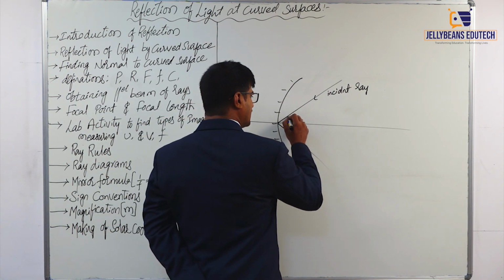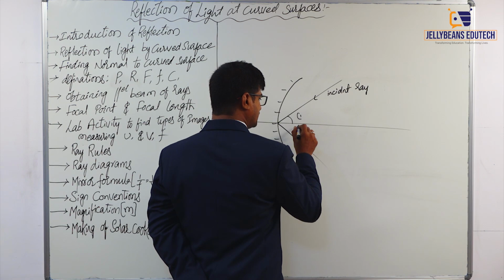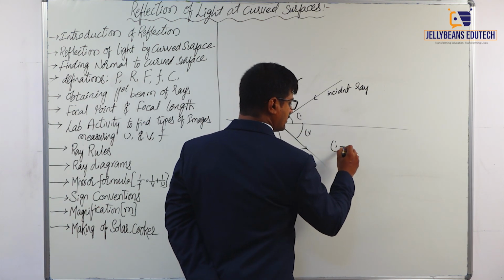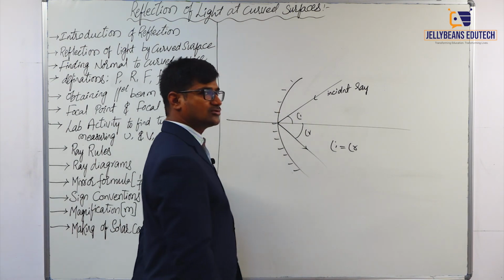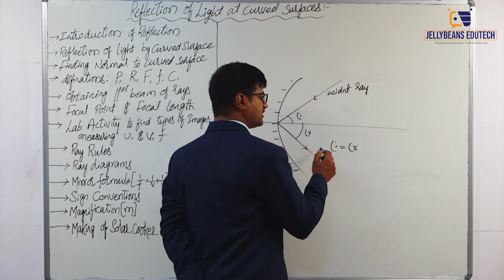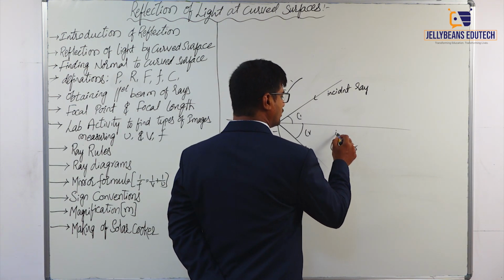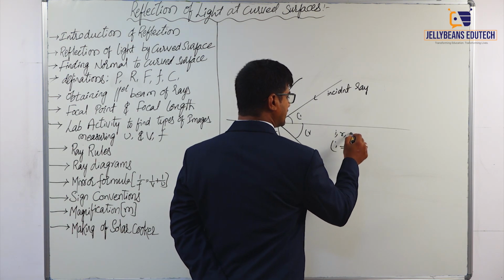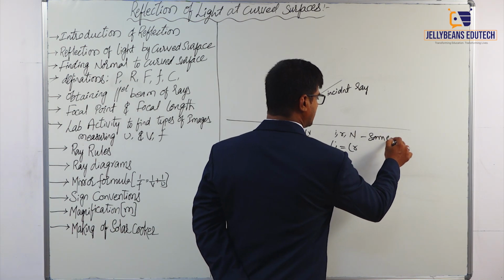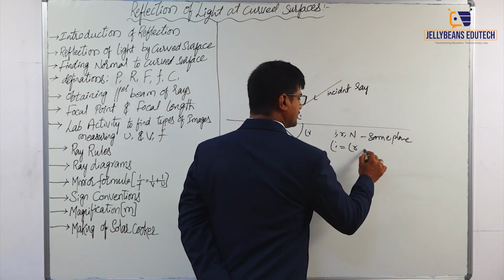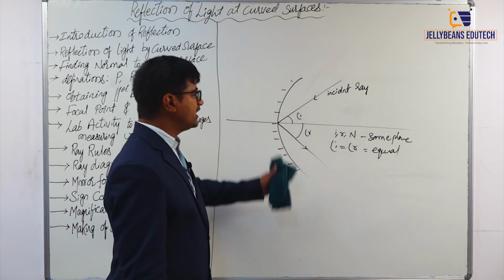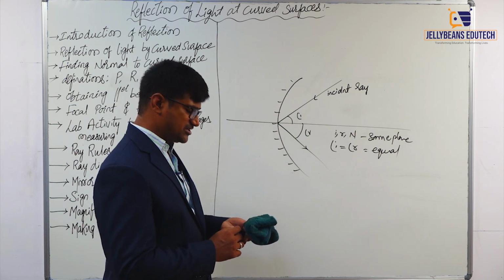When we find the angle between the incident ray and reflected ray, we obtain that the angle of incidence is equal to the angle of reflection, and the incident ray, reflected ray and normal lie in the same plane. So this satisfies the laws of reflection.